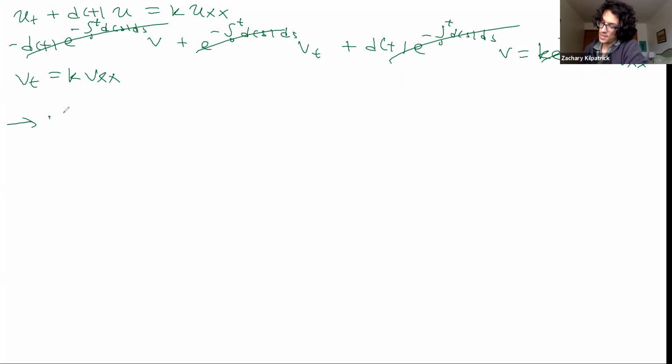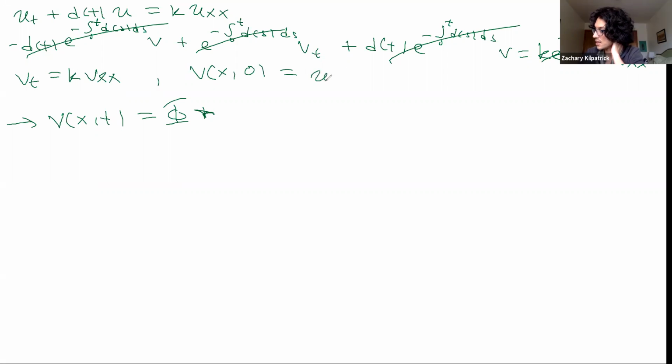And if we solve again, we're going to get that v of x is just equal to our convolution with our initial condition. Notice that I skipped one part, right? But v of x, 0 now is equal to u of x, 0 multiplied by e to the integral from 0 up to 0 of d of s ds, which means that that's just 1.